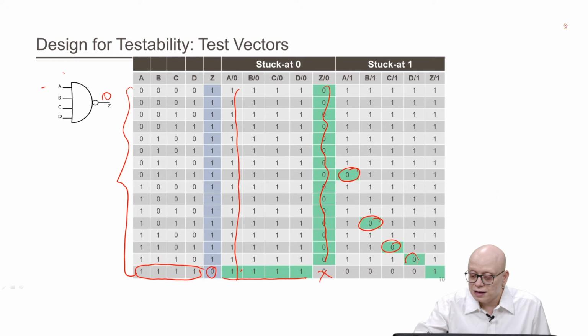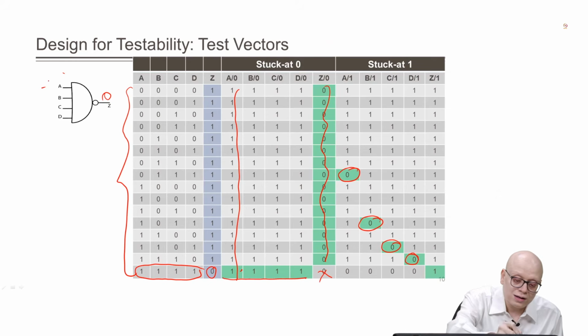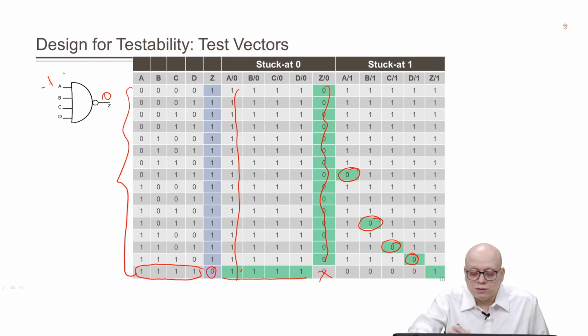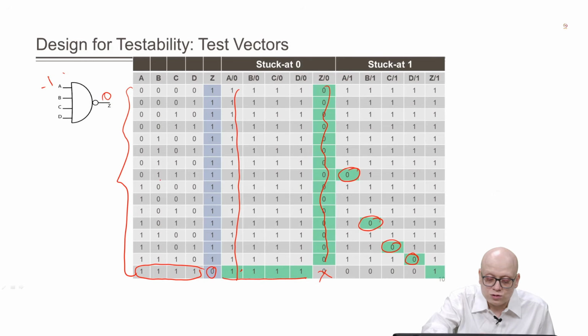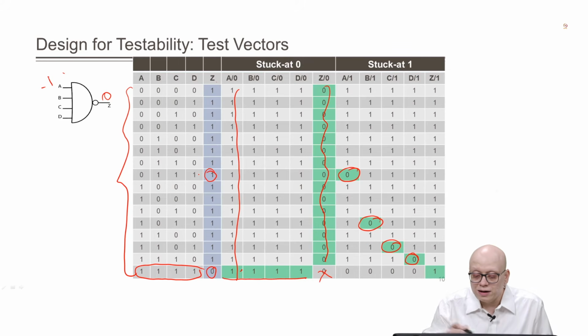For example, if we take A stuck at 1, then for the test vector 0 1 1 1, the output produced by the good circuit will be 1, but the output produced by the bad or faulty circuit will be 0 because A is held at 1, right.